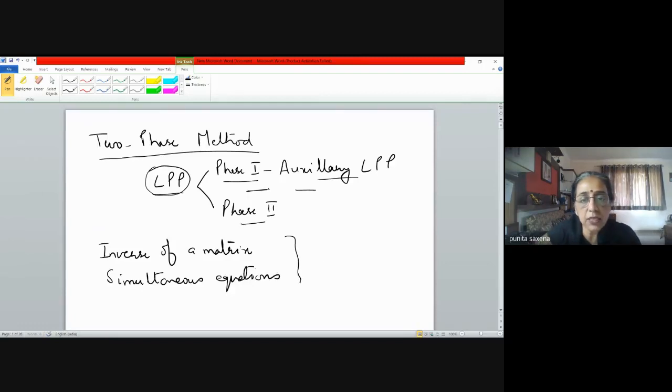We have learned to do both with the help of matrices, I mean, with the help of elementary operations, and the simplex algorithm is nothing but a combination of elementary operations only. So we can use the two-phase method. This is not possible with the big M method, but we can use the two-phase method to find the inverse of a matrix, as well as to solve a simultaneous system of linear equations. We will learn how to do this one by one once we have learned how to handle the two-phase method.